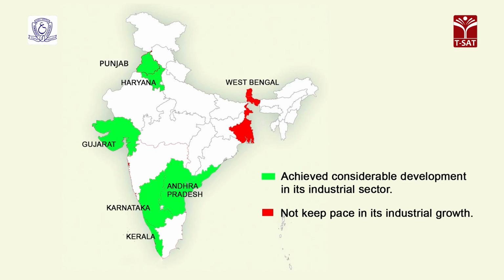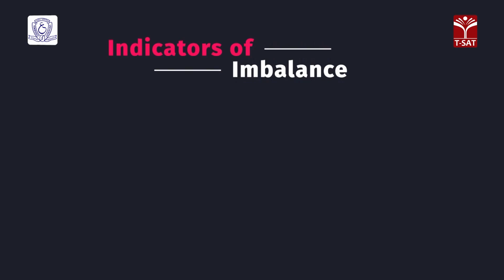But West Bengal could not keep pace in its industrial growth as much as other industrially developed states. In this way, the disparities in industrial growth between the different states have been reduced to some extent.